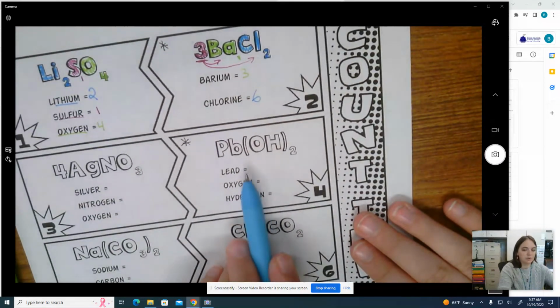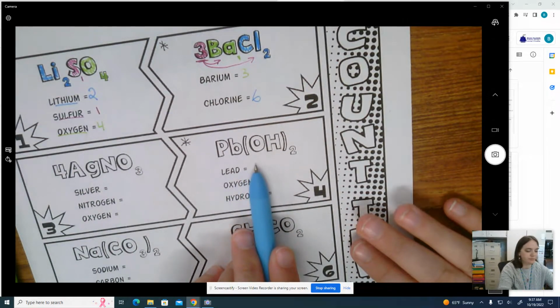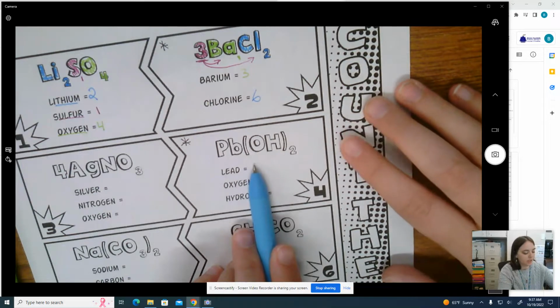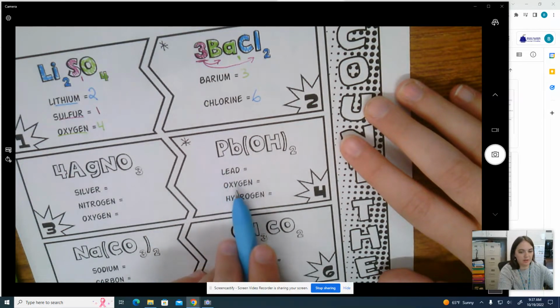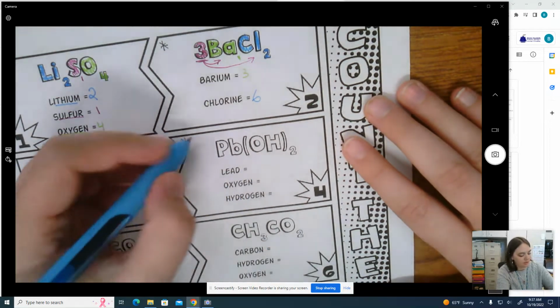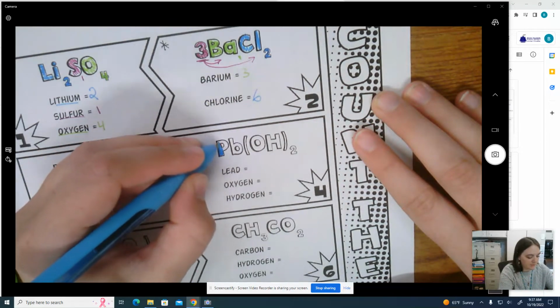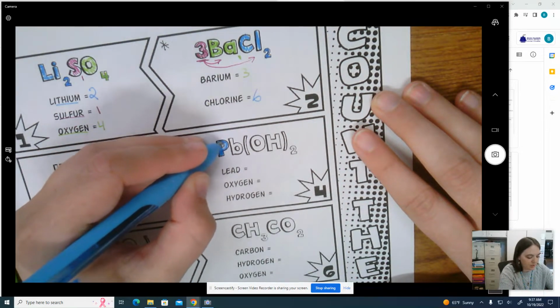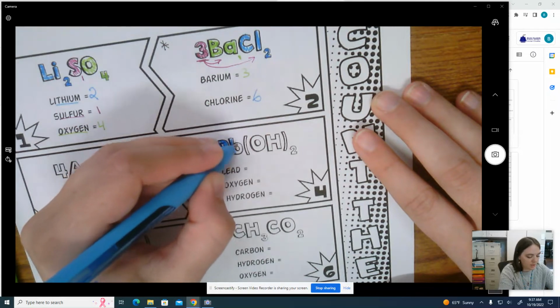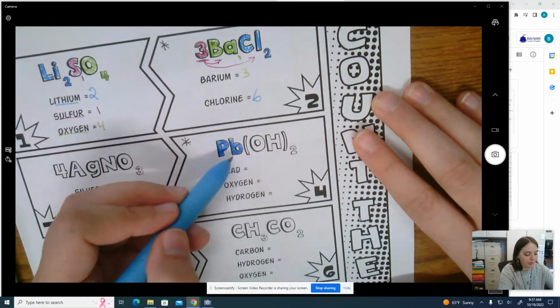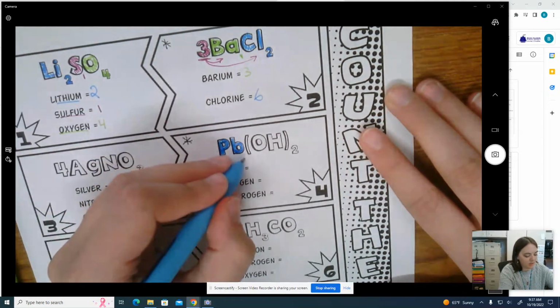All right, now we're going to do this one right here. Okay, we have 3 different ones. We have lead, oxygen, and hydrogen. The first one is lead. It has a symbol of P, uppercase P, lowercase b. And there's no number after this right here, so that means it's just 1.